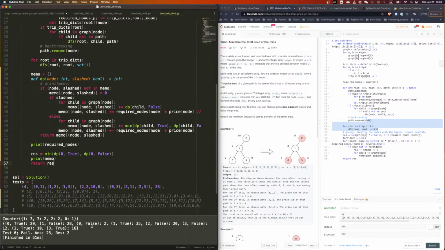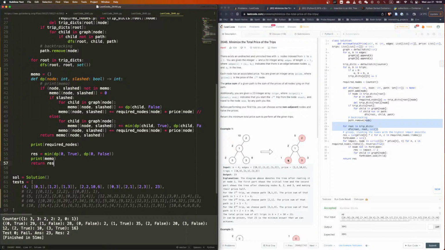I don't have any clue. Doesn't make any sense. 0 false. How can it be 0 is false?